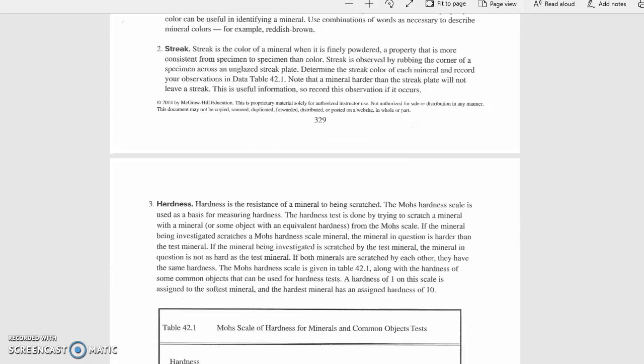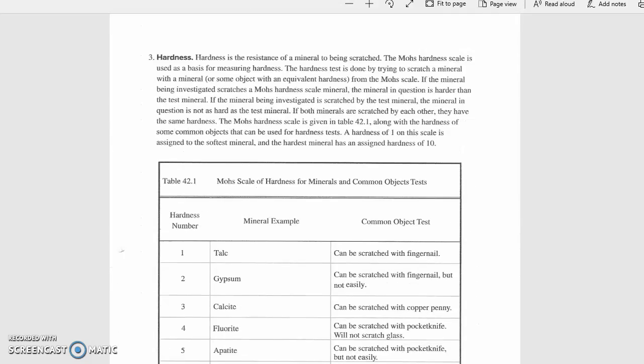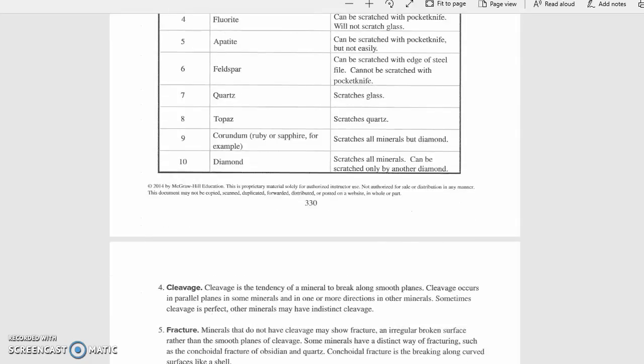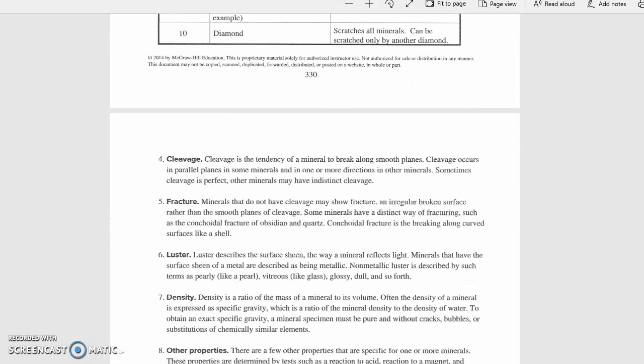Then we'll also talk about hardness using the Mohs scale. And then we'll talk about the cleavage. Some minerals tend to break along smooth planes, and sometimes the cleavage is perfect. In other minerals, it's indistinct.